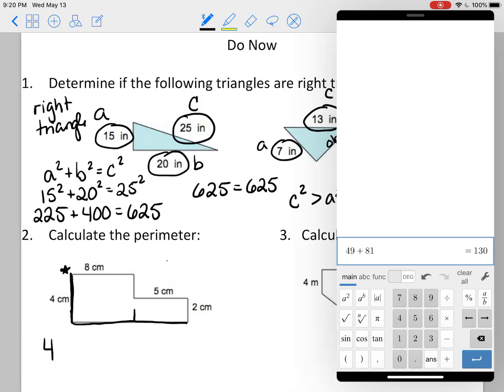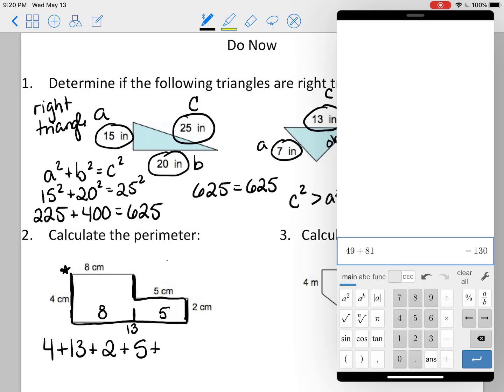Well, we know from here to here is 8. And we know from here to the end is 5. So altogether, that side is 13. So we can go ahead and add 13 to the 4. Then we have 2. Then we have 5.